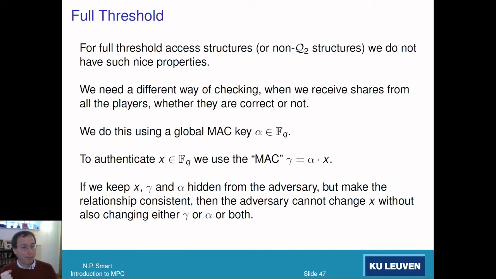I want to keep the secret X that I'm sharing from the adversary. I want to keep this MAC key secret shared, so no one understands what it is. And I'm going to keep the MAC itself also secret shared. So no one learns X unless I want them to. No one ever learns gamma, and no one ever learns alpha. So that's the kind of key.